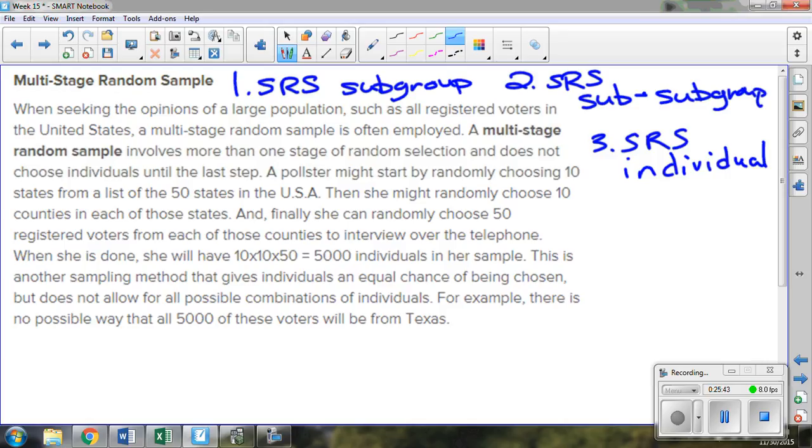It might wind up that you only have 1 subgroup, it might wind up that you have 5 subgroups, but you do stage after stage after stage, randomly picking groups, and then do a simple random sample from inside those groups.